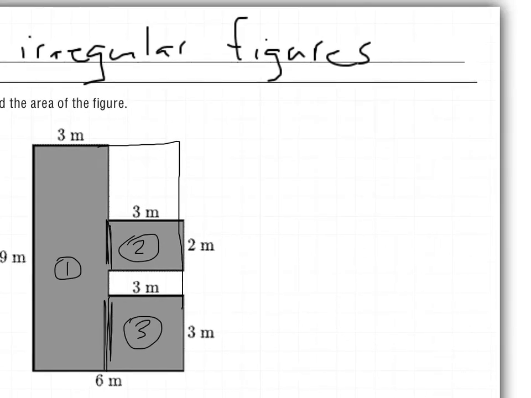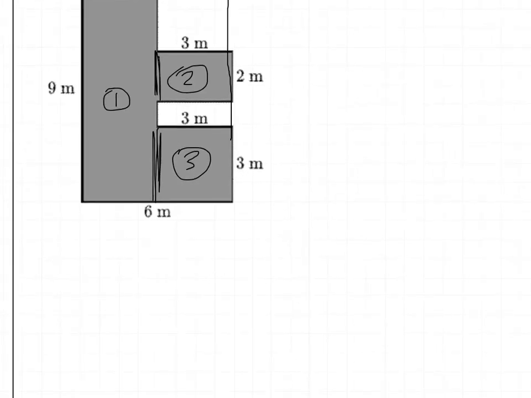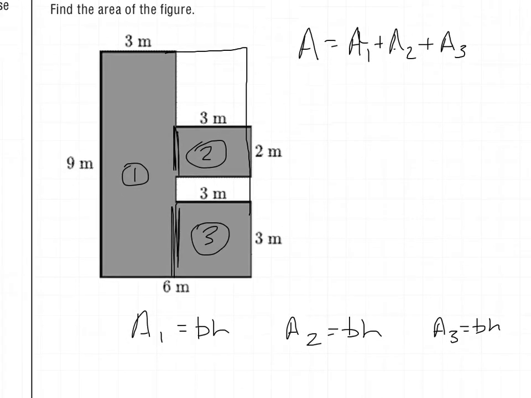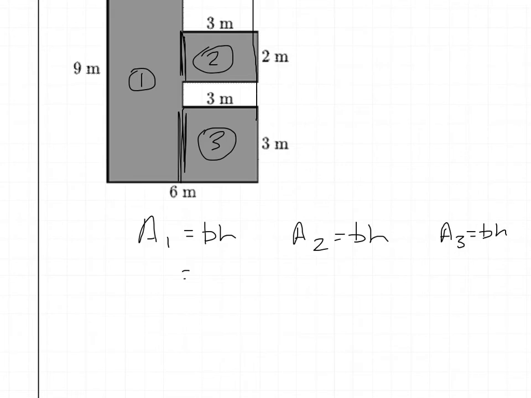When I do that, now my story becomes that I started with area 1, and then I added onto it area 2, then I added onto it area 3. When I write the story this way, now I find the area of all 3 pieces, and each of them is a rectangle, so I'll be using base times height for each of them. So for area 1, the base and height of that long, tall rectangle would be 9 times 3, which would be 27.